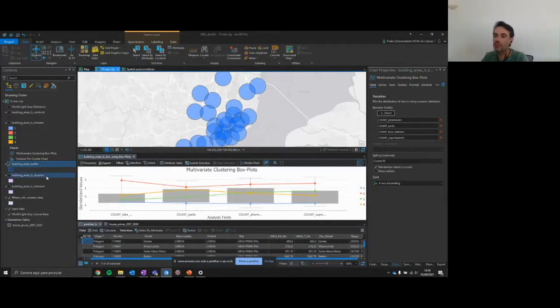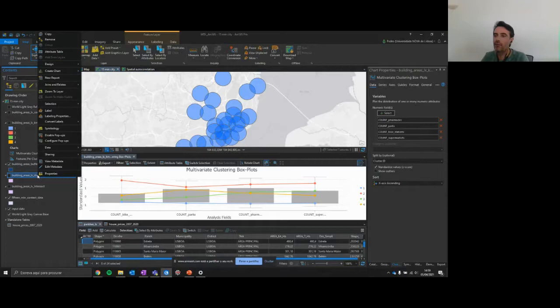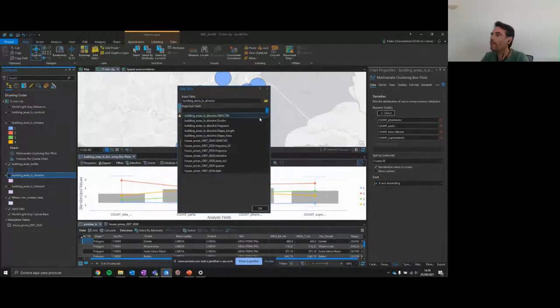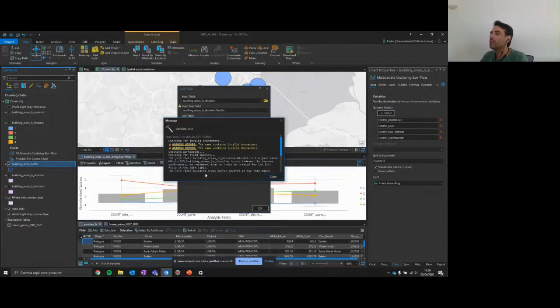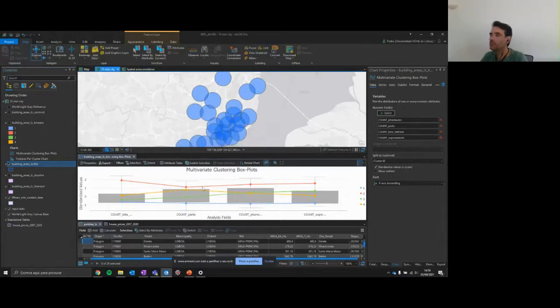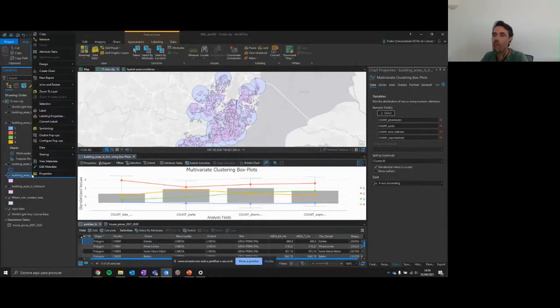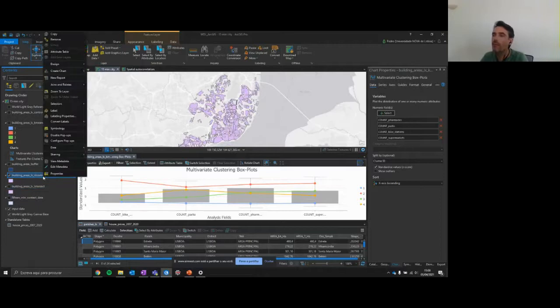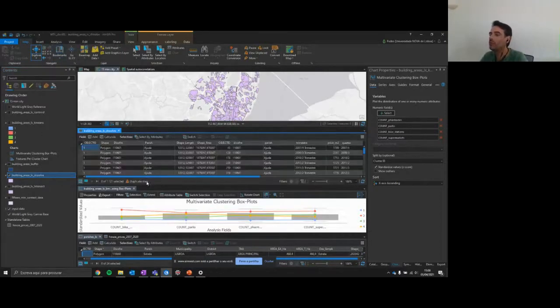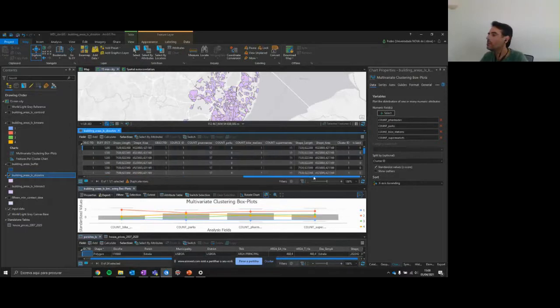And finally, I have to associate to my buildings the clusters, okay? Now I have in my attribute table the clusters IDs, okay?